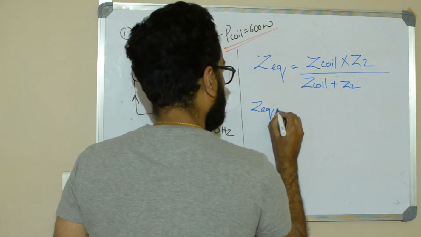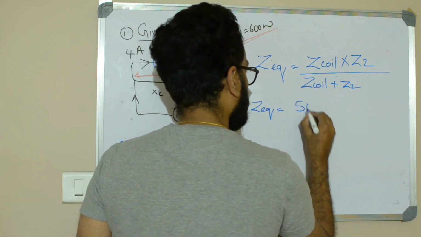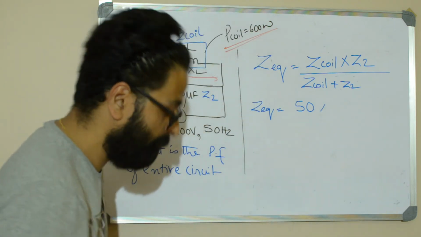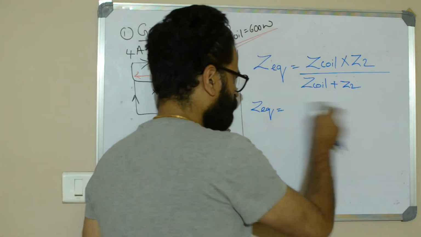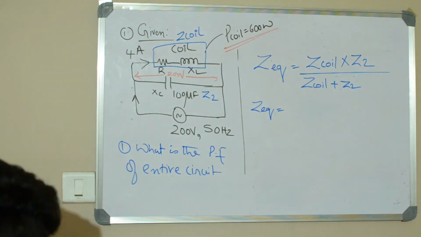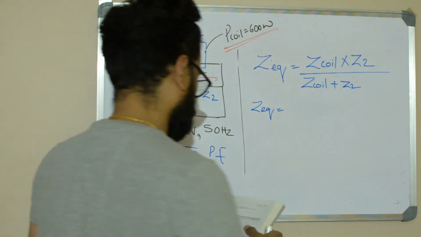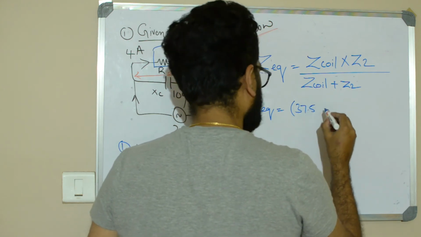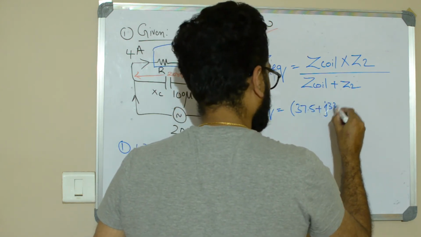The impedance of the coil is not just 50, it is R plus jXL, which is 37.5 plus j33.